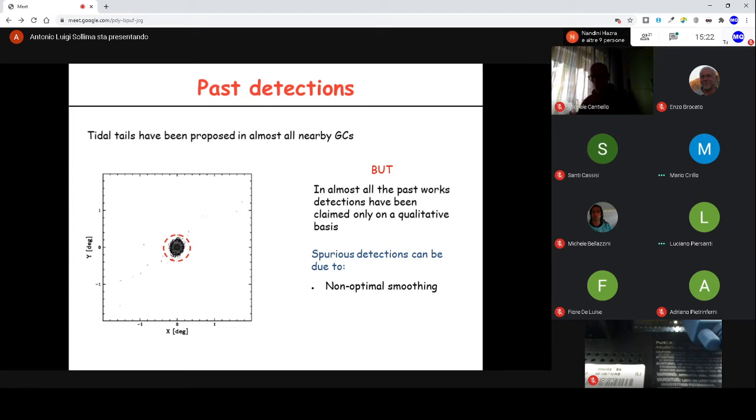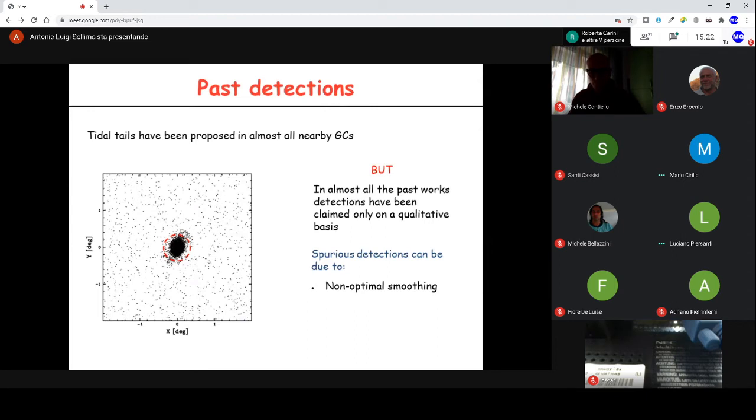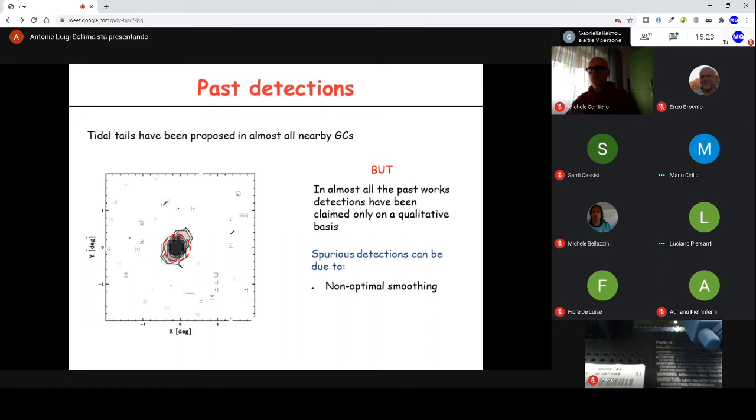You can also have spurious detection in the other direction. For instance, if you have a simulation where there are no tails, but you use a bin size which is too large. So in this case, what you obtain is the convolution between the actual density and the kernel size. So you obtain a density contour which is too large, but this is spurious.